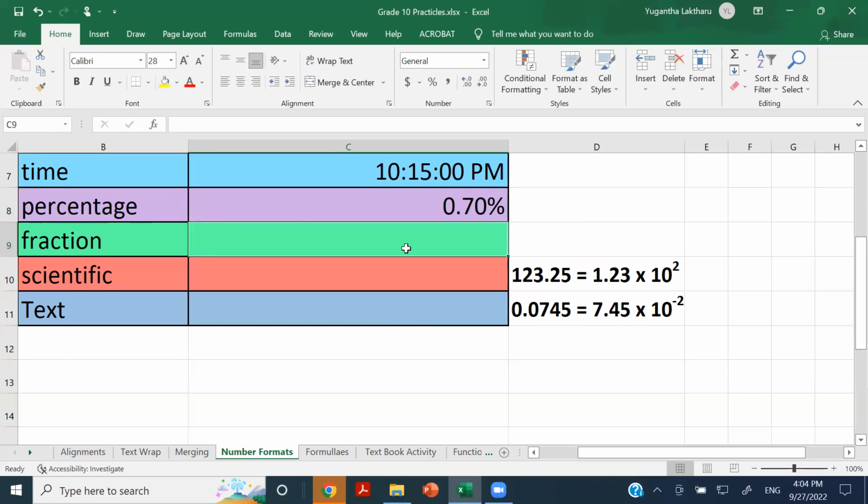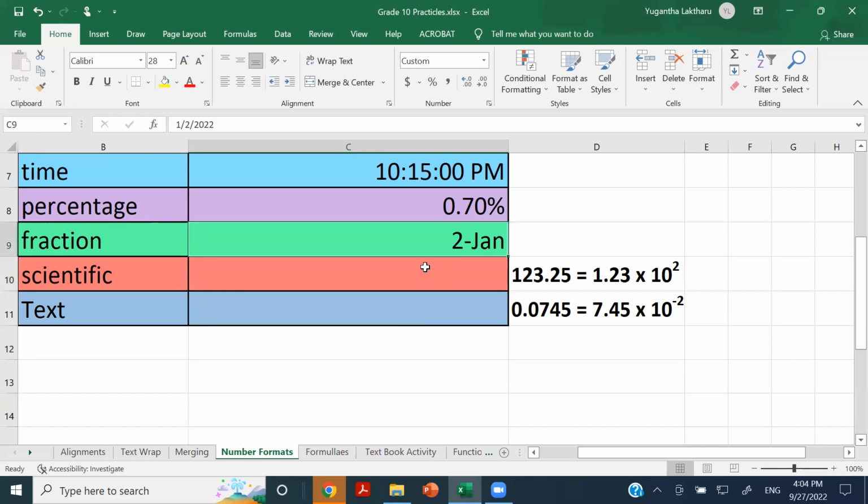All right. And when it comes to fractions, a funny thing happens. Now, if we want to show 1/2, which indicates half, once I press enter, it turns into a date automatically. That's how the Excel cells work, right?